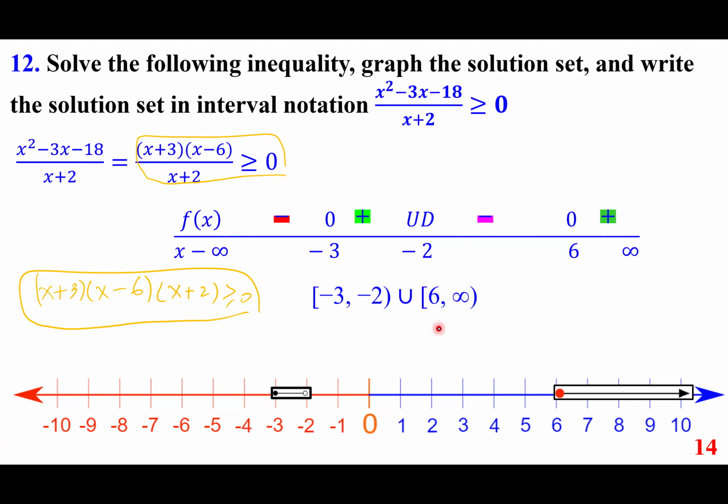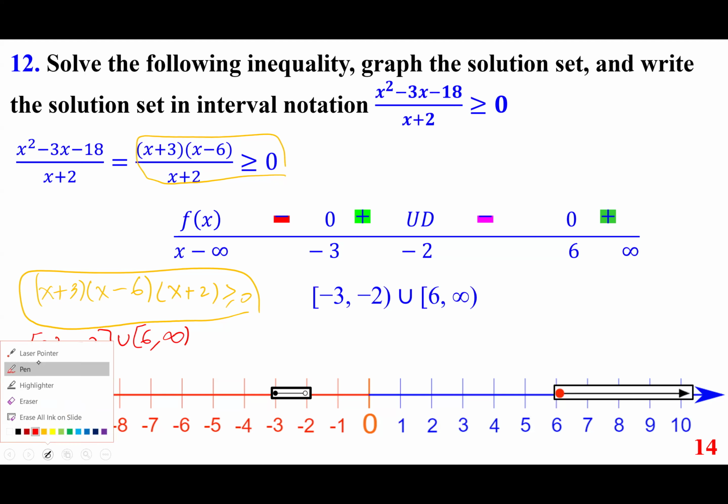And everything is the same. The only difference is because it doesn't have a restriction, this becomes a bracket. So this thing changes for this one. -3 to -2, both of them take brackets. Union 6 to infinity. So that would be the difference, and I hope everybody's following.